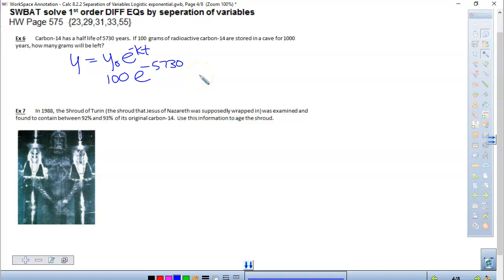Carbon 14 has a half-life of 5730, so k is ln2 over t, which is ln2 over 5730. No, it's not 1,000, that's the time. What is k?